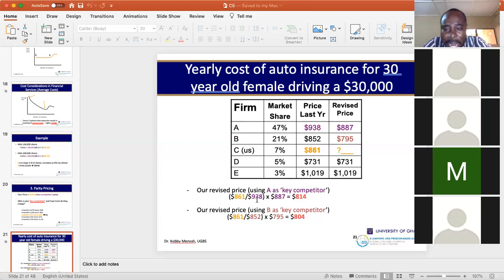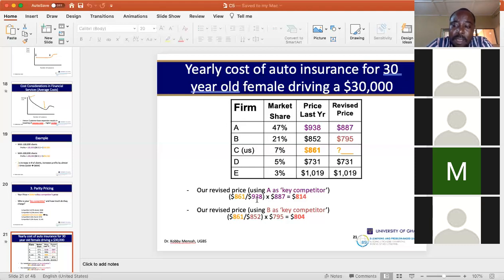And then you multiply it by the key competitor's revised price, that is the current price, which is 887. Now what you get is 814, which means that for us to parity price competitor A, in order to see whether we can take off some of their customers, our price has to be what? 814. I hope you're following it.